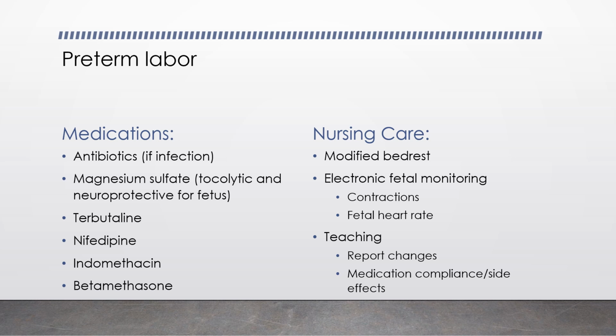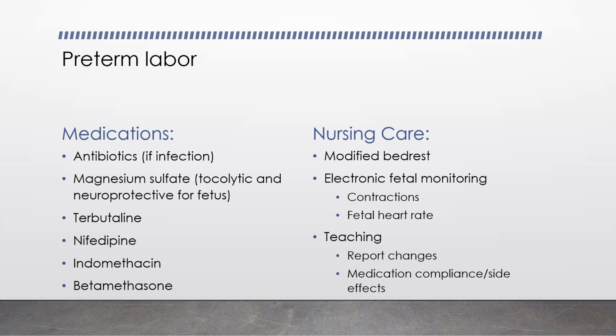For nursing care, these women are usually placed on a modified bed rest, so like bed rest with bathroom privileges. We don't see a whole lot of complete bed rest anymore because of the increased risk for blood clots.